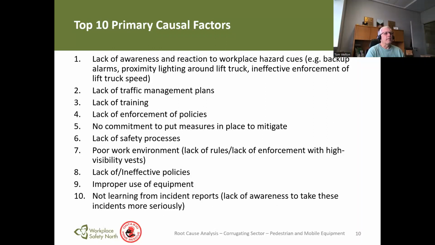Also lack of or ineffective policies, improper use of equipment, and not learning from incident reports, lack of awareness to take these incidents a little more seriously in the workplace.